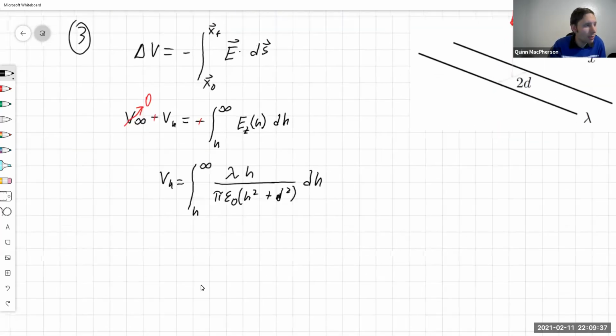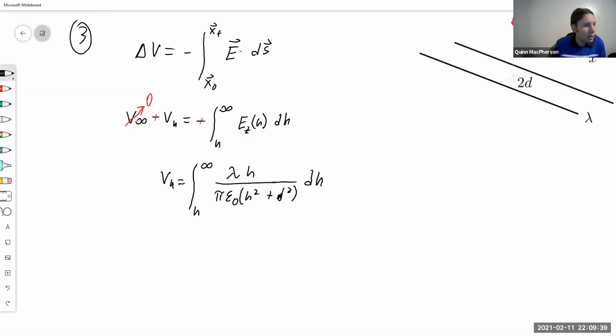If you look up this integral, you find that the answer for V of H, pulling out the lambda over pi epsilon naught, is that the stuff inside is equal to 1/2 ln of d squared plus h squared.